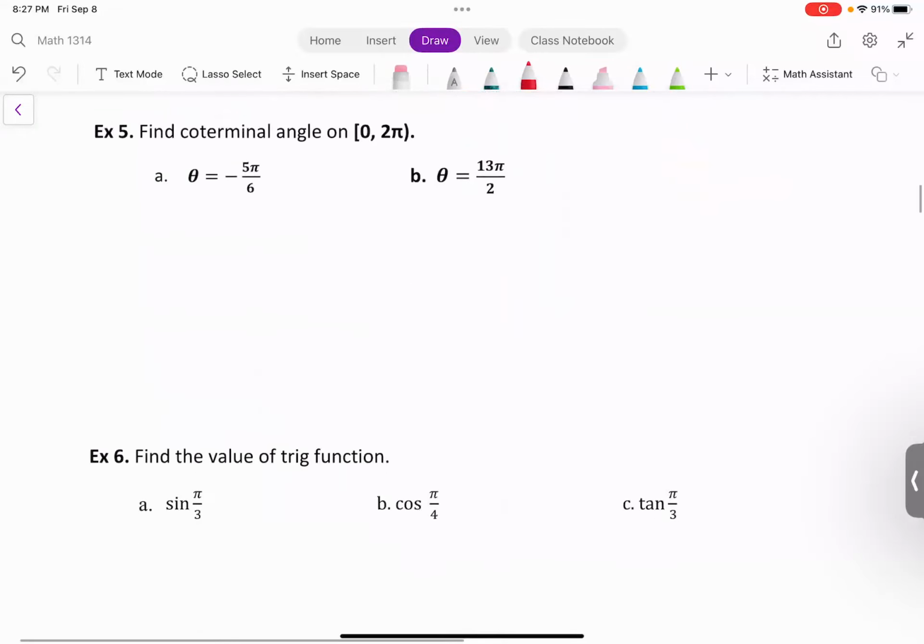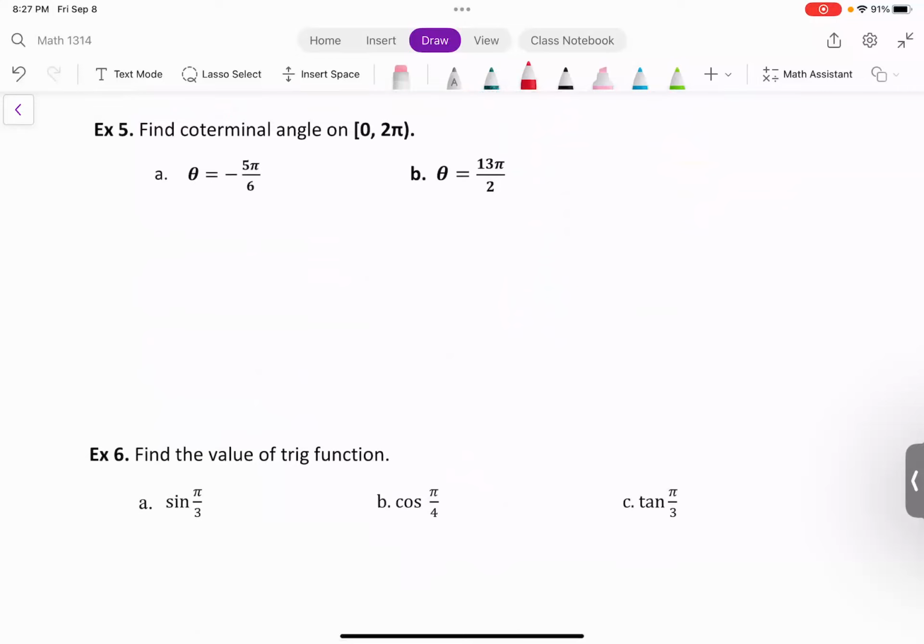Find the coterminal angle on 0 to 2 pi. Okay, I have a negative angle. Theta equals negative 5 pi over 6. We have learned if I have a negative angle, I can add 1 revolution or maybe several revolutions to make a positive angle, and make sure your coterminal angle is in 1 full rotation.